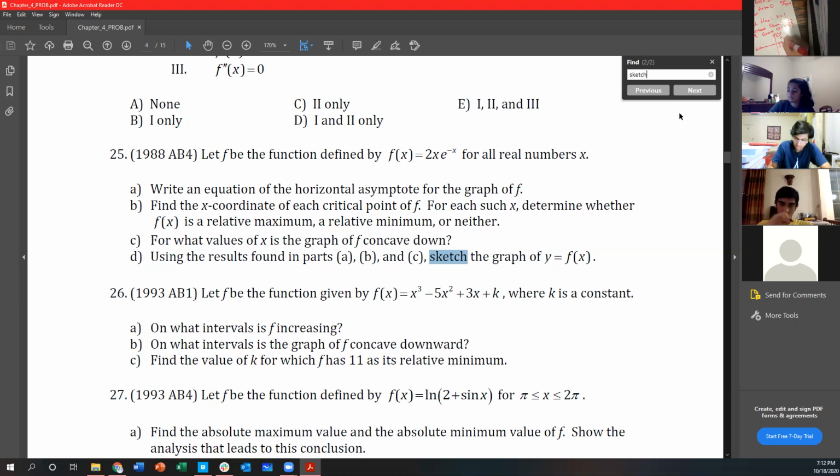This is my inflection point, where my concavity changes from concave down to concave up. That would be my maximum. And we said that it's always concave down. That's a little problematic, because how does it approach positive infinity then?